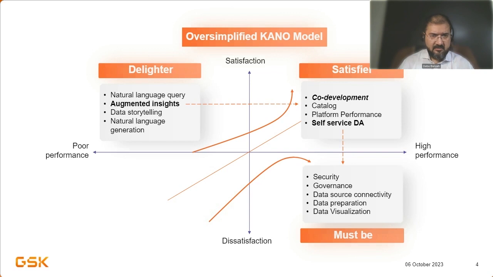Data storytelling: you have all the components like the headers, the narrative, etc., popping out automatically without putting much effort. And natural language generation: you have the dashboard, and along with it, you have a narrative that is telling you the most important insights that you need to concentrate on. Those kinds of things excite and delight our end users more.